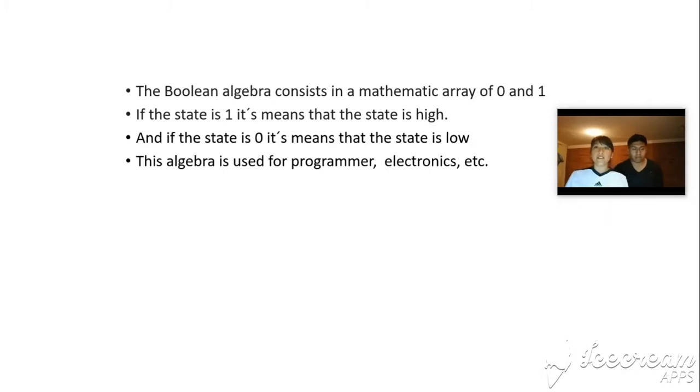If the state is 1, it means that the state is high, and if the state is 0, it means that the state is low. This algebra is useful for programmers and electronics.